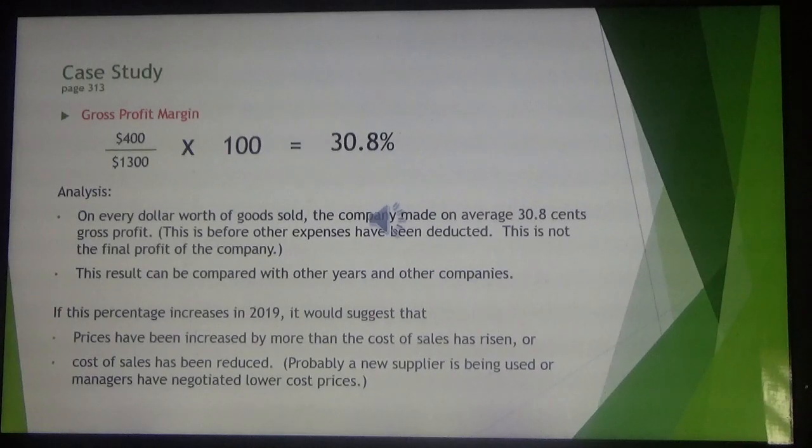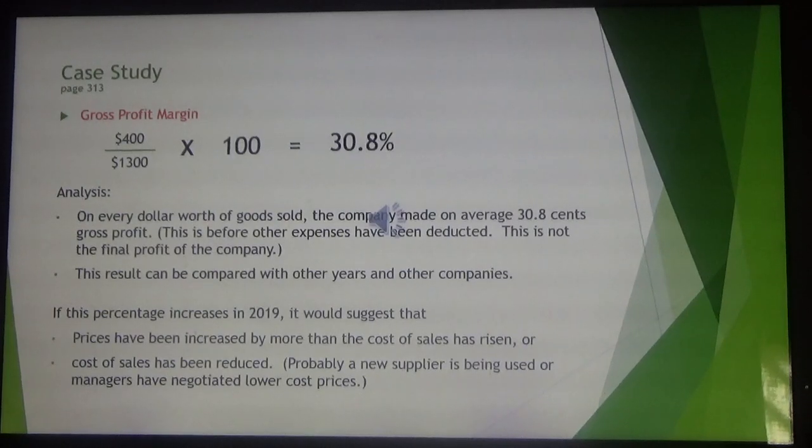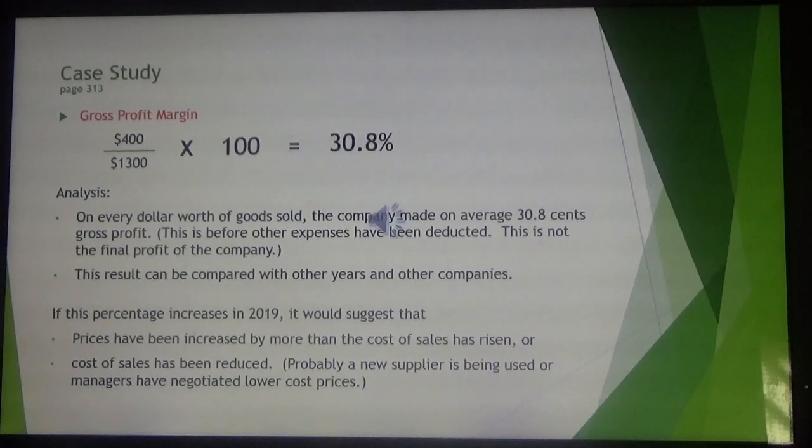Remember, we're using the dollar denomination, so our halala to be considered here is in cents. This is before other expenses have been deducted, meaning this percentage, this gross profit is taken from the profit from sales.